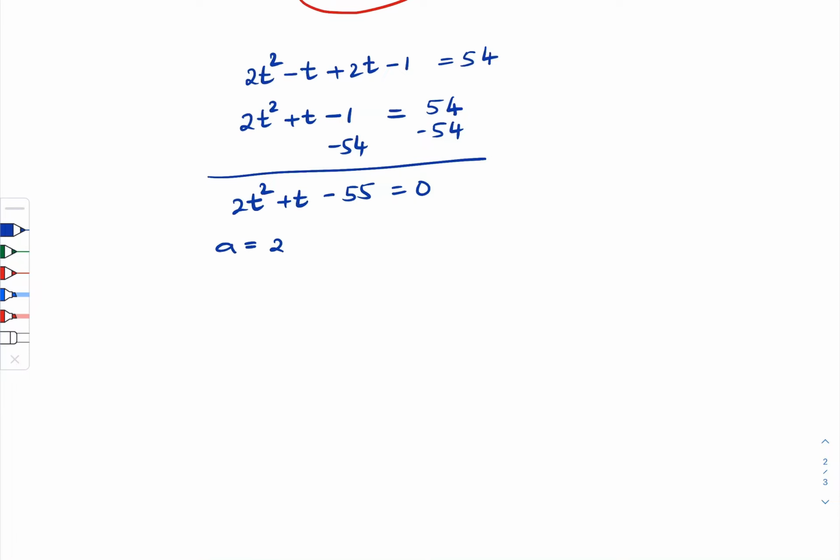So a is equal to 2, b is equal to 1, c is equal to negative 55, right?